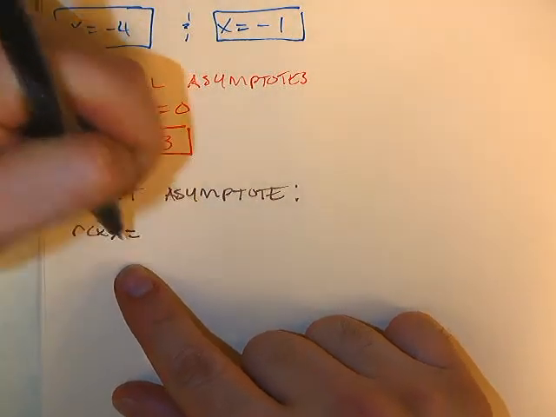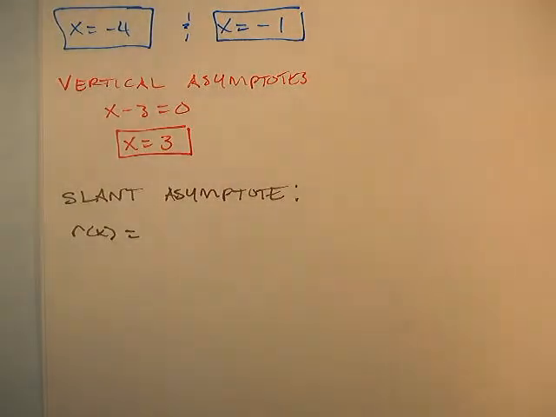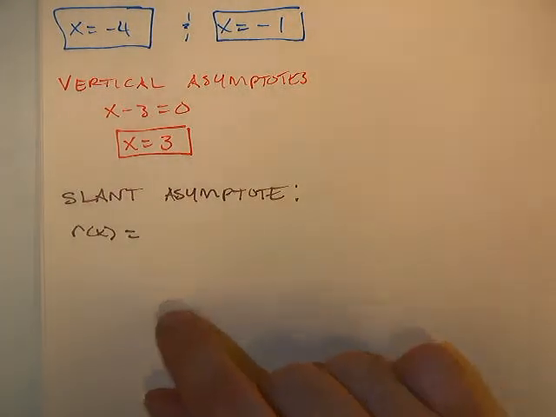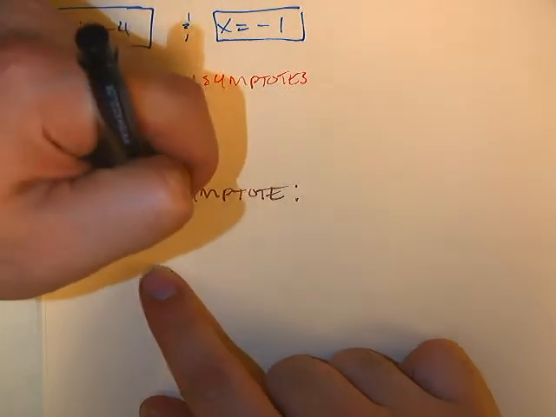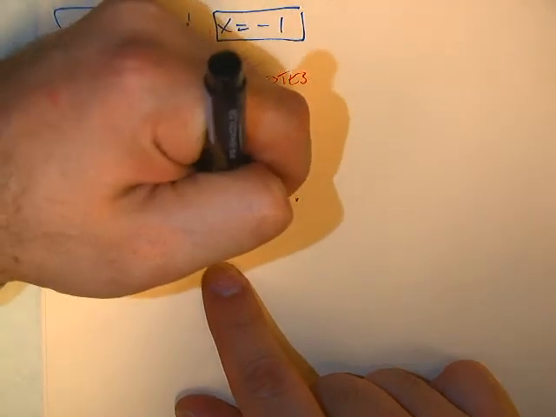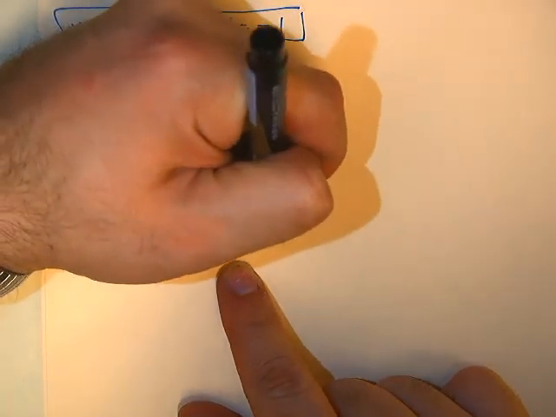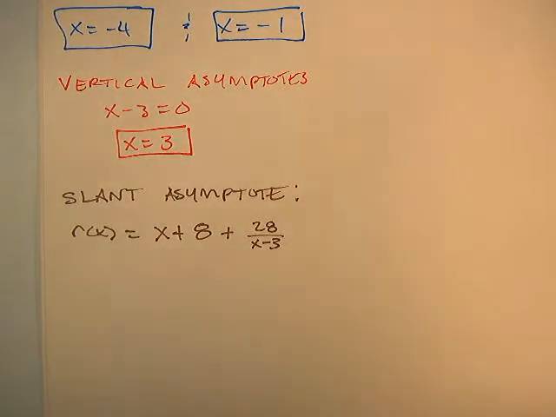r of x is equal to, and it's going to be a little bit long and kind of complicated, but just bear with me here. We're going to end up with r of x is equal to x plus 8 plus 28 over x minus 3. And there's a couple of different pieces to this here.